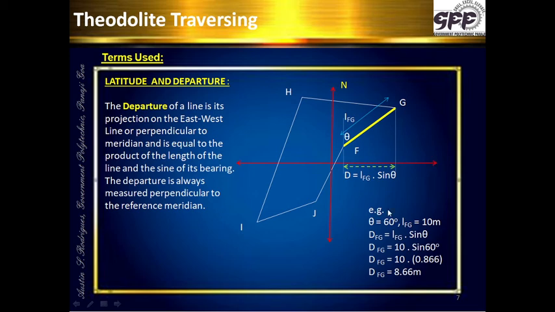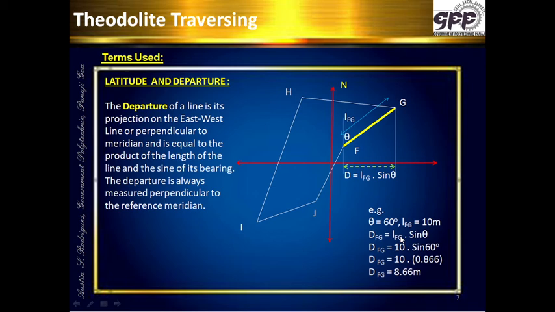Let us take an example. Theta is 60 degrees. The length of FG is to be taken as 10 meters. The departure of FG, or the projection of FG on this line, is equal to LFG into sine theta, as per the formula.